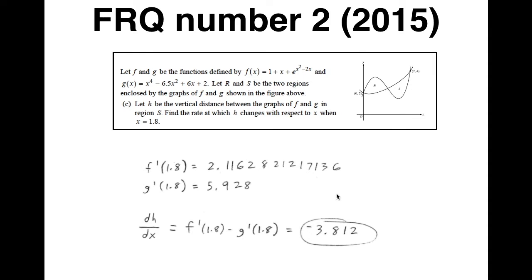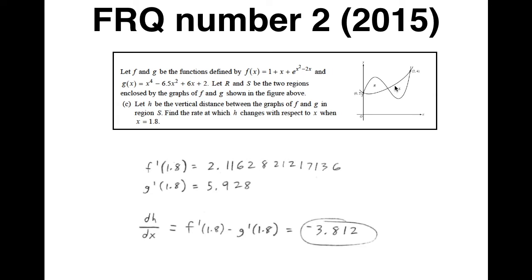Question C. Let h be the vertical distance between the graphs of f and g in region S. Find the rate at which h changes with respect to x when x equals 1.8. So if you remember h, a student had drawn this line vertical here and had written h, that was correct.